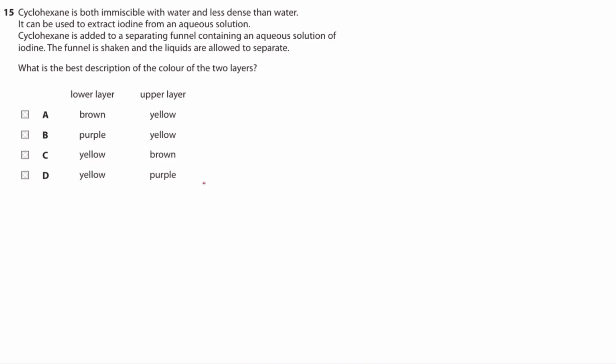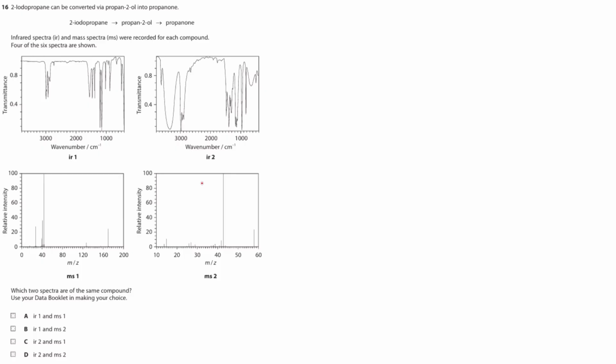Now let's go for the last one. Okay, NMR. No, sorry, it's IR spectroscopy. NMR comes in A2 level. 2-iodopropane can be converted via propan-2-ol into propanone. Okay. They are going to do a reaction.